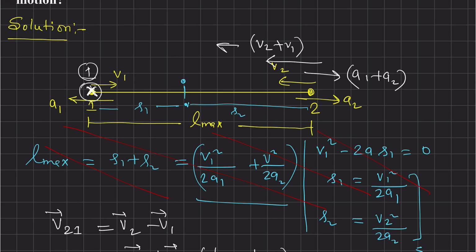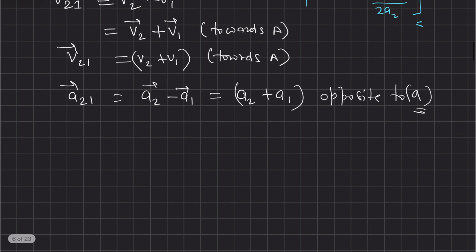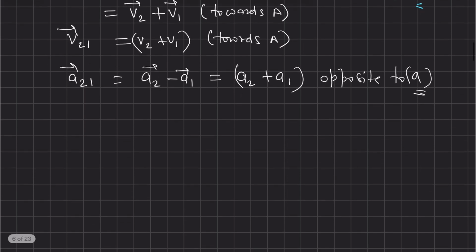So if this is the case, then we will say that that would be the L max. If we want to calculate L max, we can say v21 square is equal to u21 square plus 2 a21 into L max.